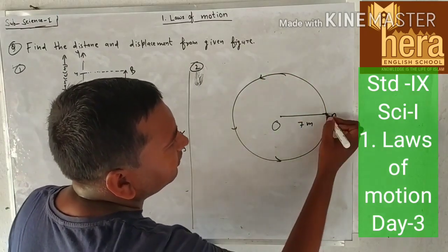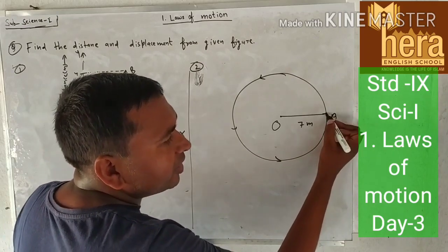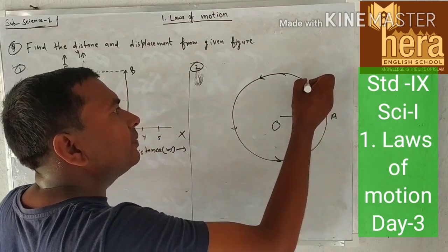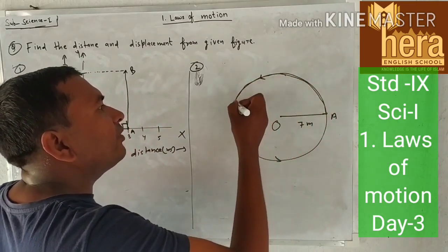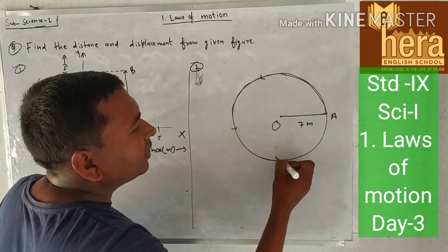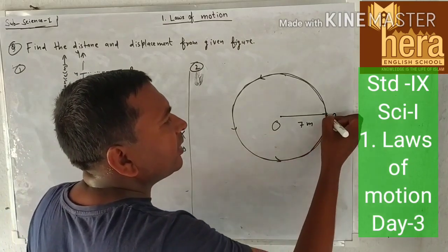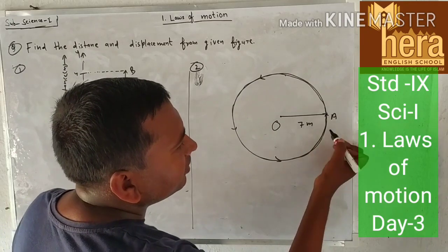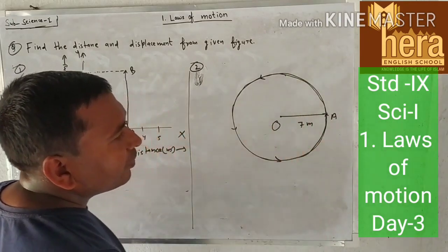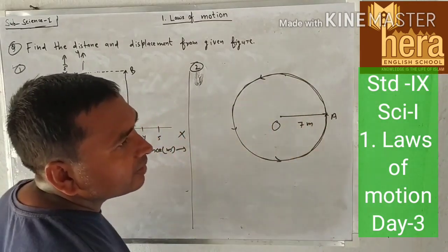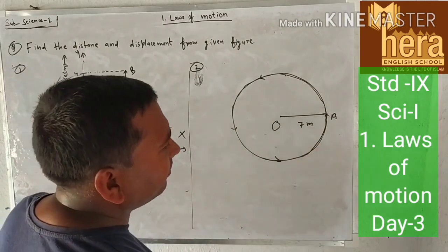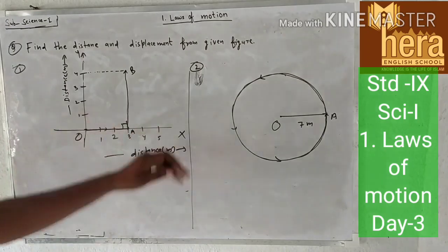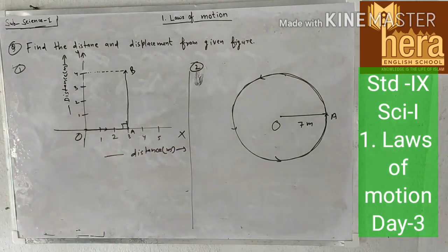Initially the object was here, and after some time it completed one revolution and came again to point A. So in this case, what will be the distance and what will be the displacement? So these two questions you have to solve.